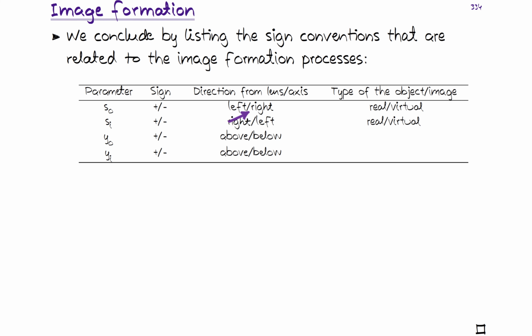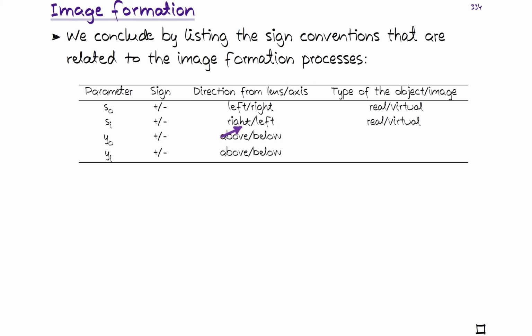This is more important when in the future we look at many lenses and how they form images. If we have a positive SO, then we have a real object; if it's negative, then we have a virtual object. And the same for SI: if it's positive, then the image is on the right side of the lens. If it's negative, then it's on the left hand side of the lens.